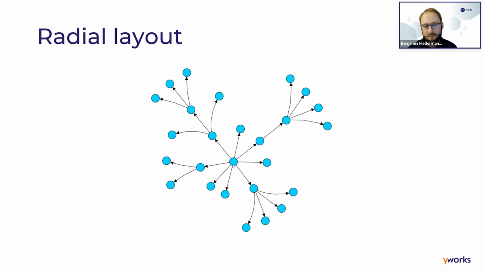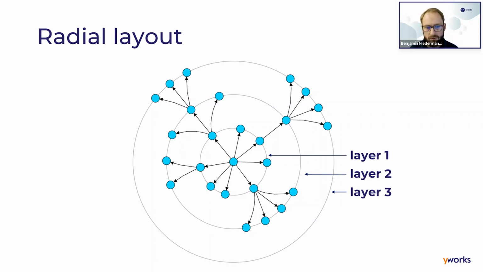Based on this, we compute the edges such that they all point outwards, and this is called a virtual tree. The layout is created based on this virtual tree, and of course you can configure how this tree is actually computed, with which strategies the center node is chosen, and with which strategies the nodes are assigned to layers.